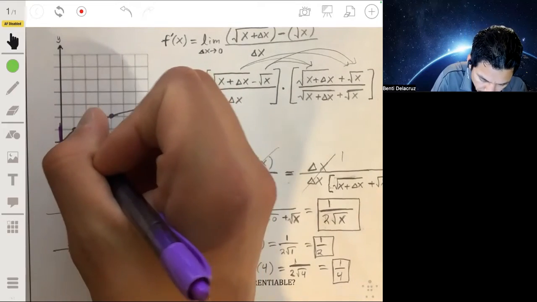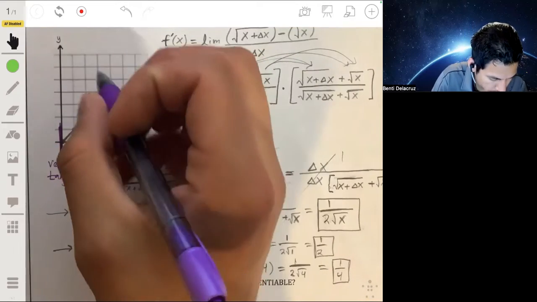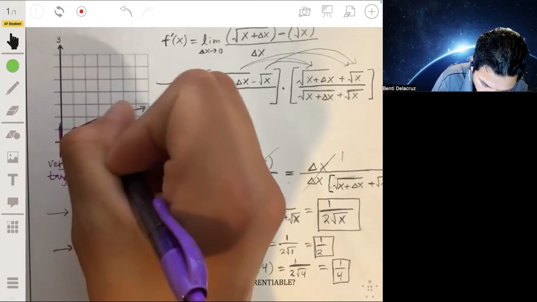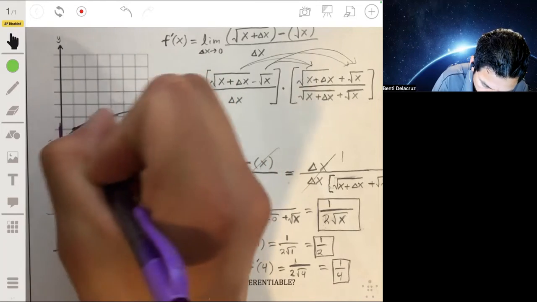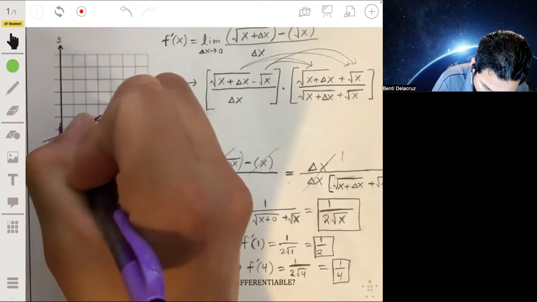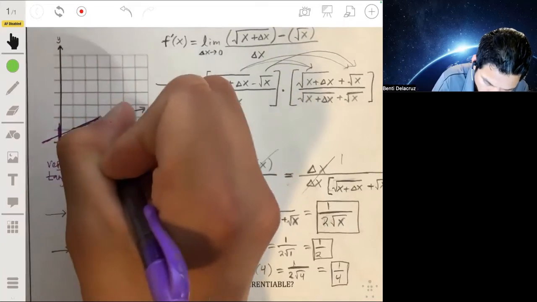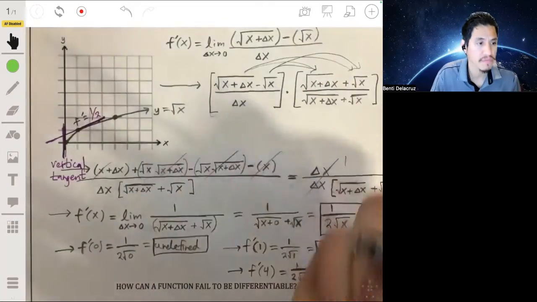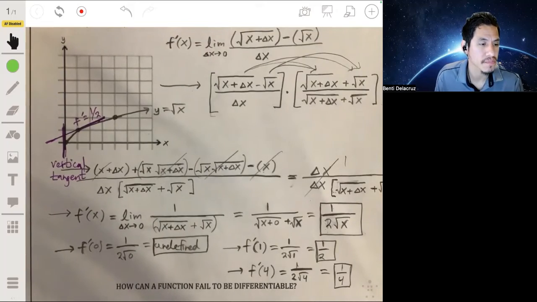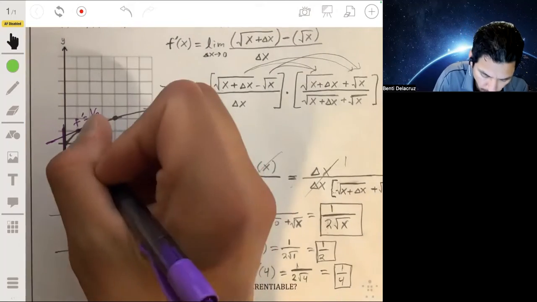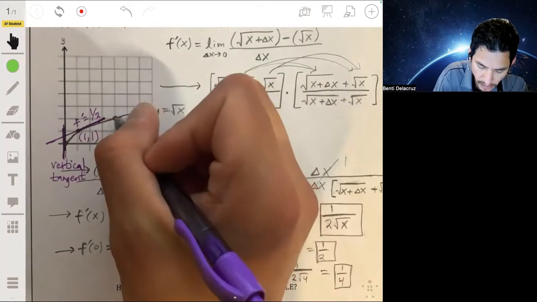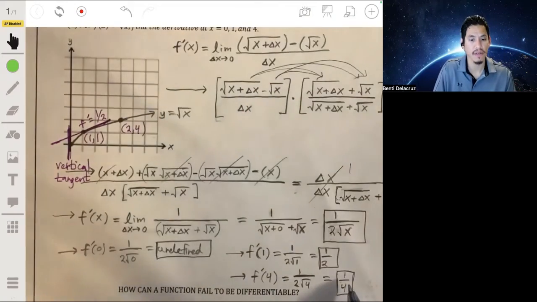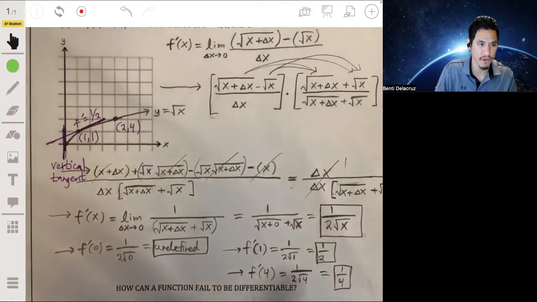So at this point, we can show the tangent line would be something like this. At 1, 1, let's write that 1, 1. And then at 4, the slope of the tangent line is 1/4.